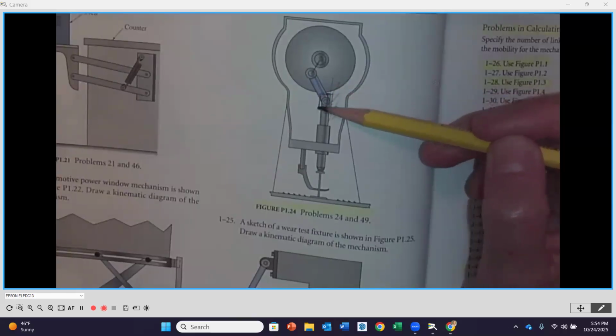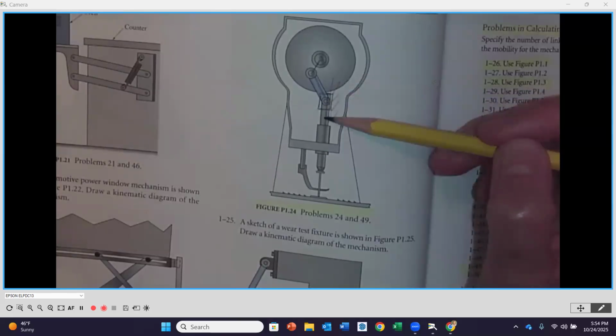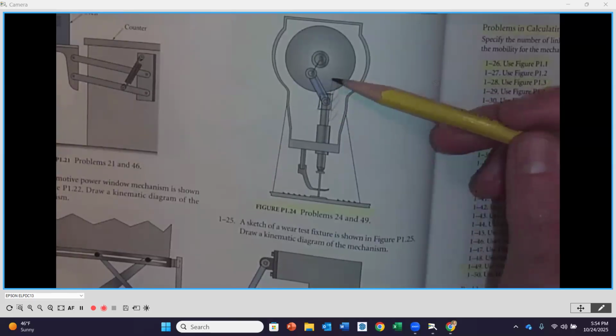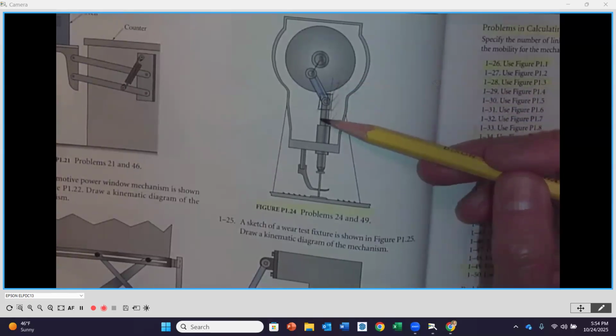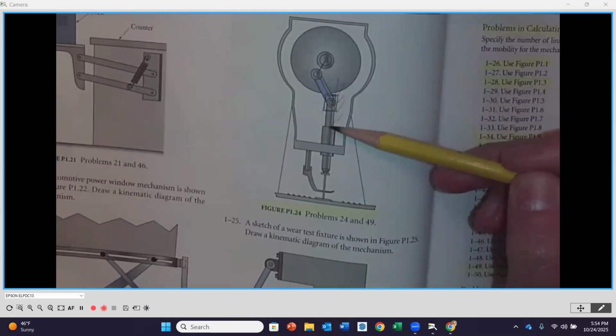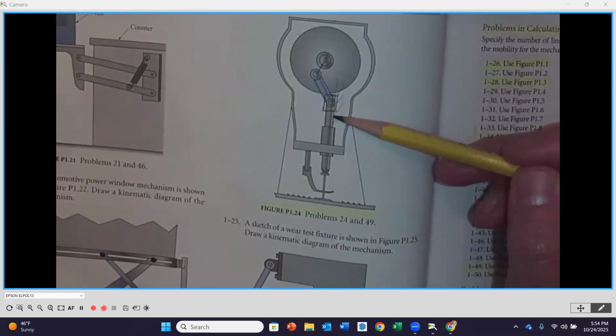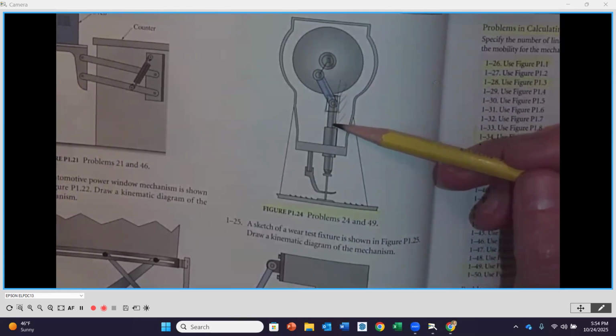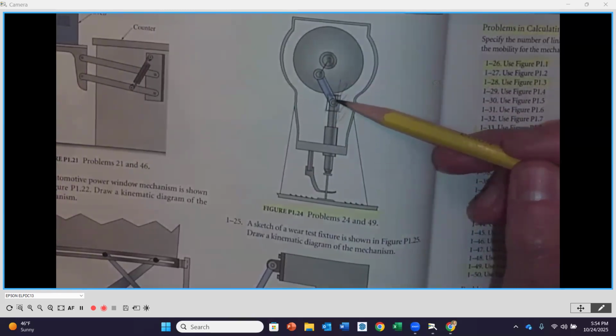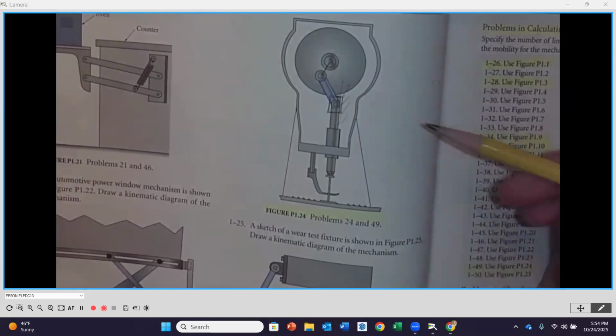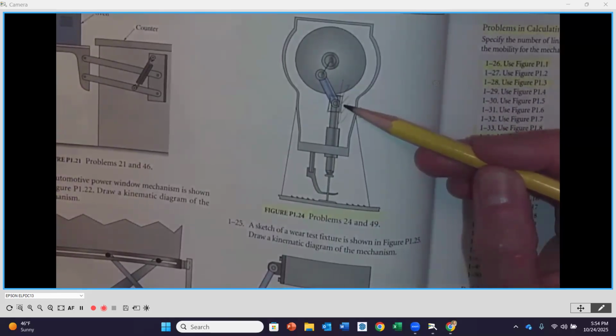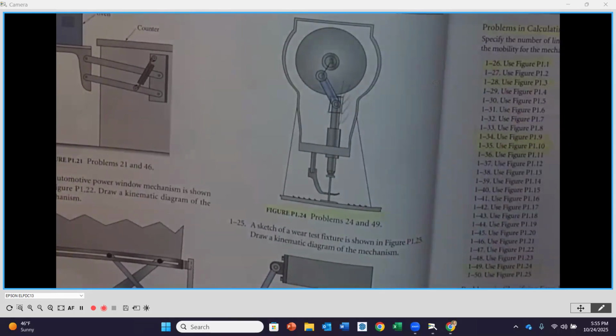And then we just have a slider right here attached going up and down. Now, our slider technically is much longer, but this problem doesn't ask us to worry about any special interest points, okay? So you can just show this as a simple slider, just like a normal slider.